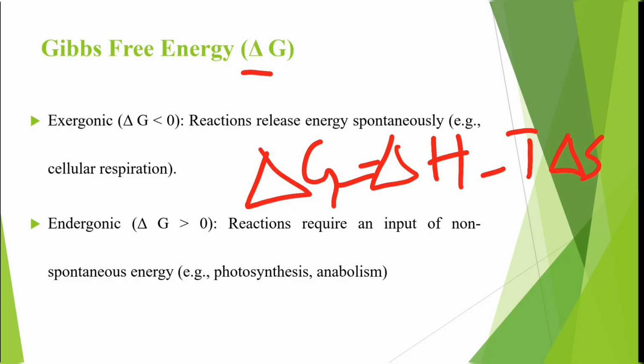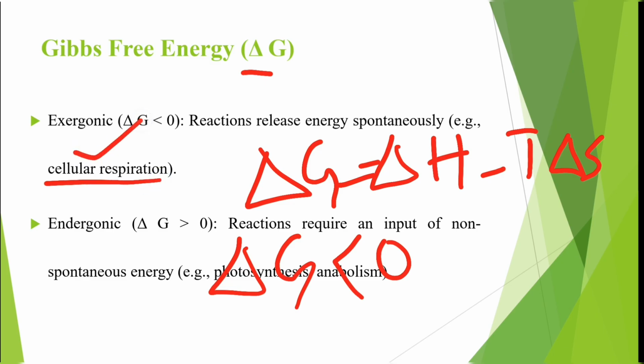When delta G is negative, the process happens by itself, spontaneously, as in the case of cellular respiration, and the process is called an exergonic reaction. An endergonic reaction requires an input of energy and is non-spontaneous.